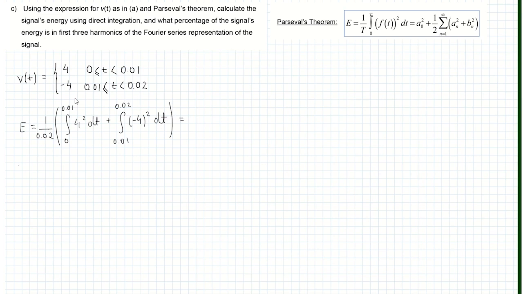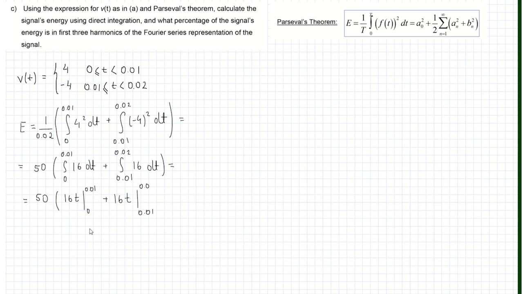That is equal to 1 over 0.02, which is 50, times the integral from 0 to 0.01 of 16 dt, plus the integral from 0.01 to 0.02, again 16 dt. That is equal to 50 times 16t from 0 to 0.01 plus 16t from 0.01 to 0.02.